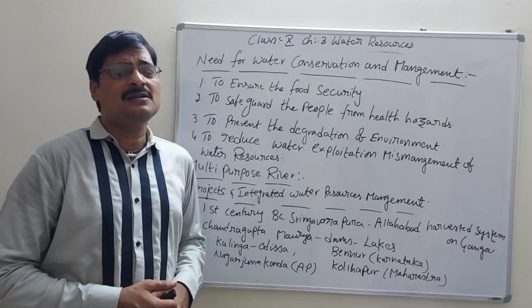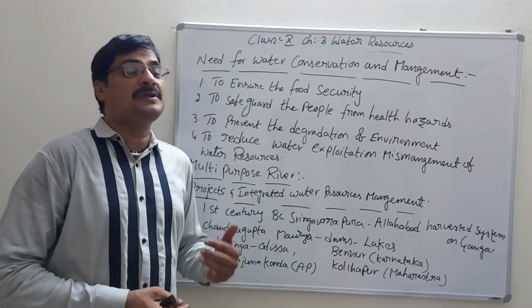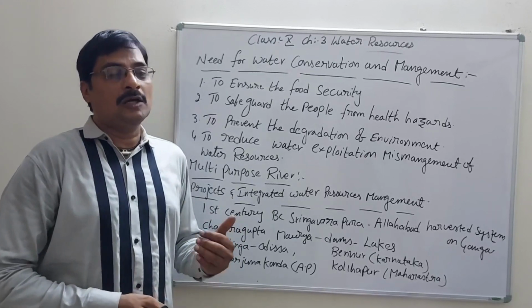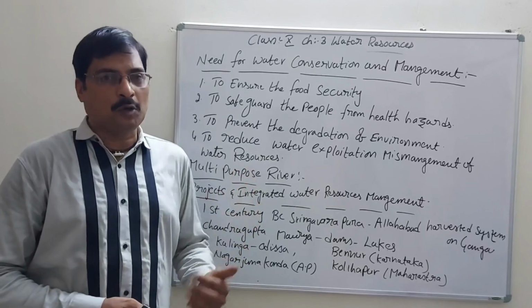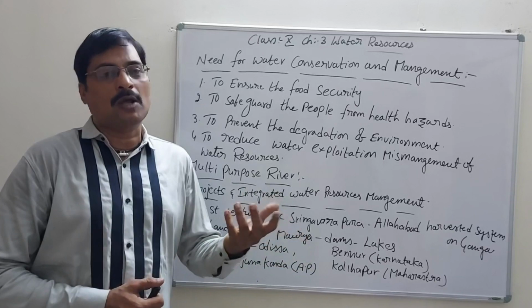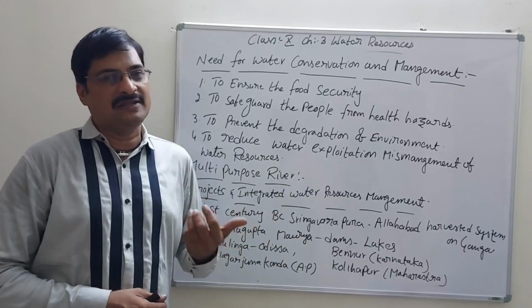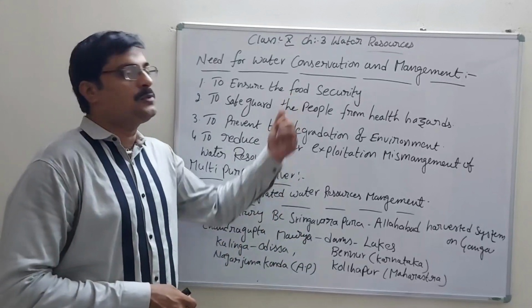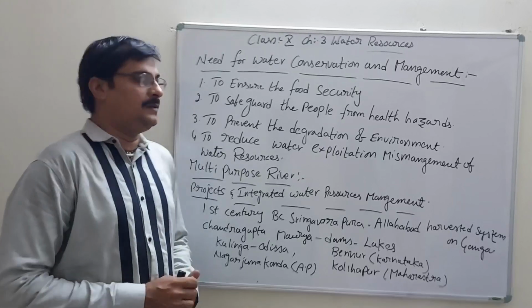What is the relation? As we preserve the water, then automatically we can grow the crops by supplying the water, then crops grow well, and then we will get the food. That is the first point, food security.